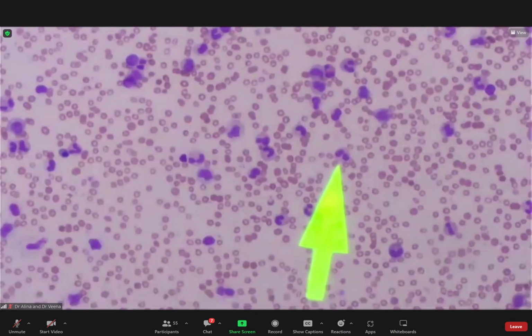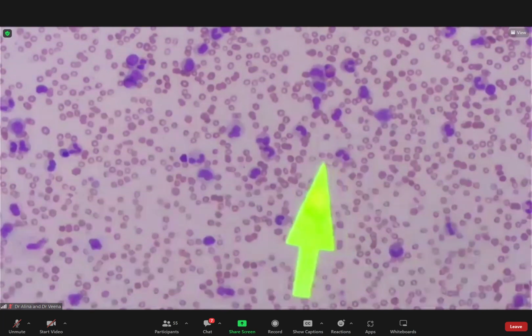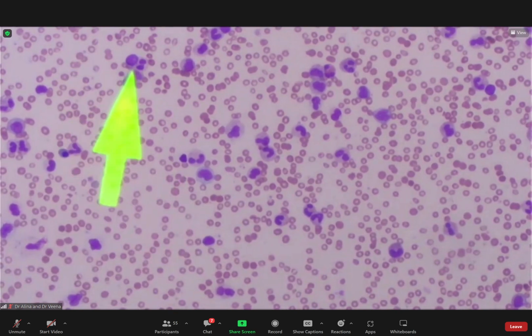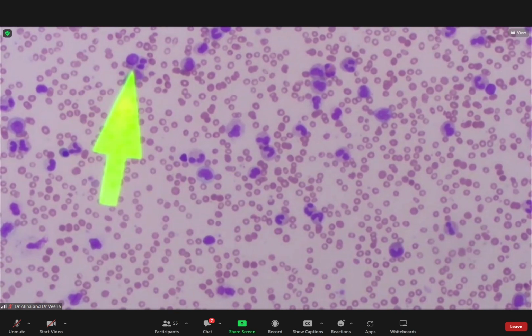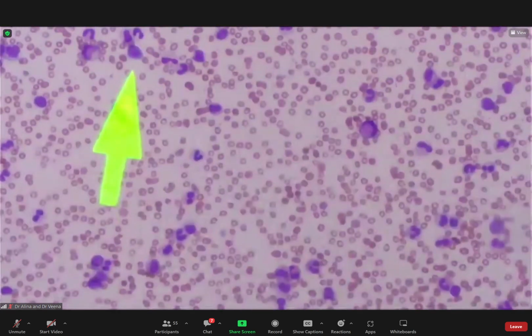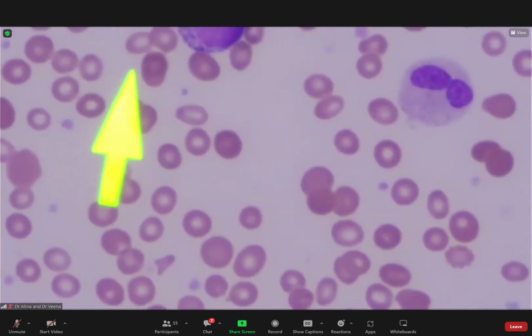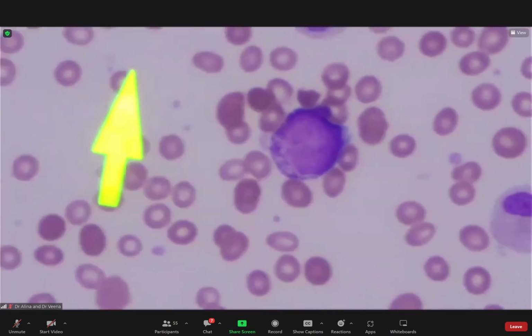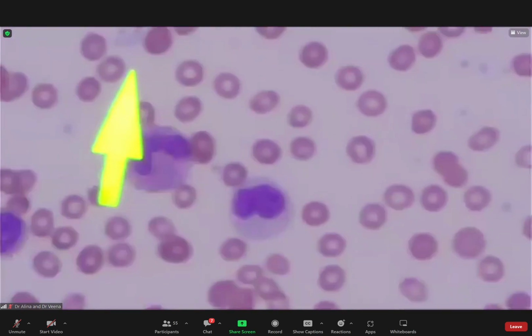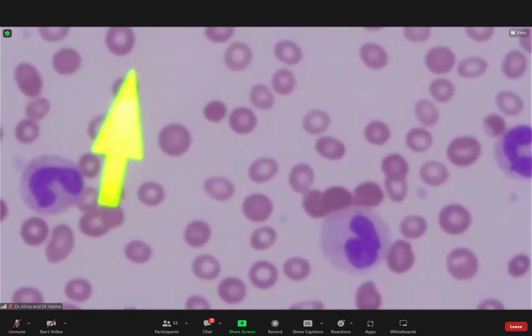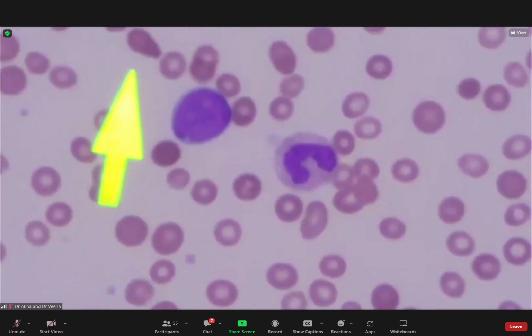There's a lot of these bilobed pseudo-Pelger-Huet cells, right? A lot of them. And also there is monocytosis. There's also blast, but the blast count is not more than 20%. The majority are mature cells.